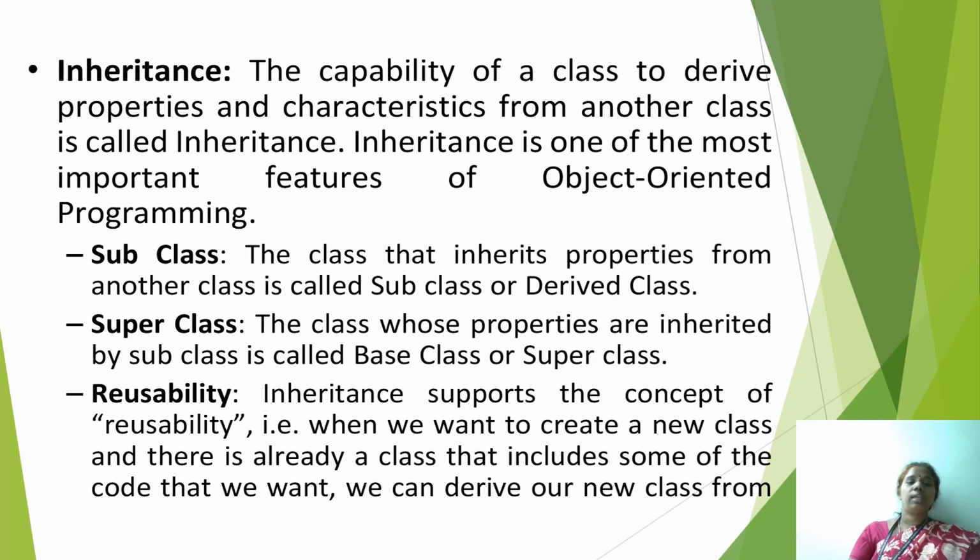This is called inheritance. The class that inherits the properties from another class is called subclass, derived class or child class. And the class whose properties are inherited by the subclass is called base class or superclass.